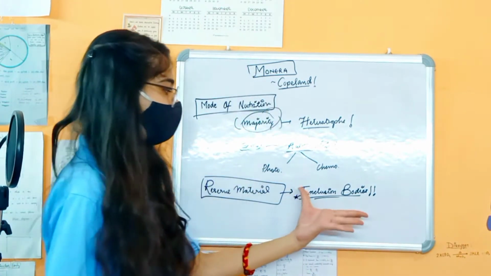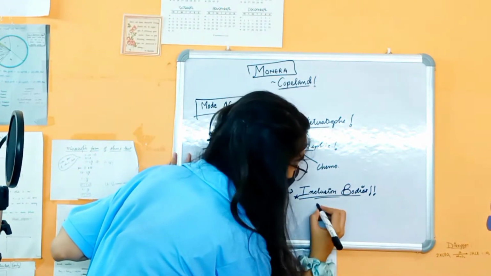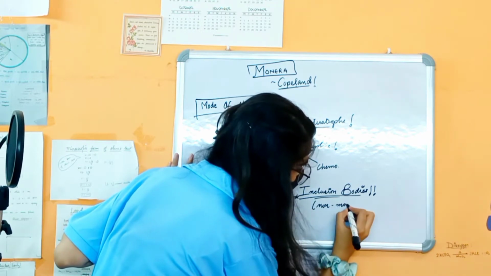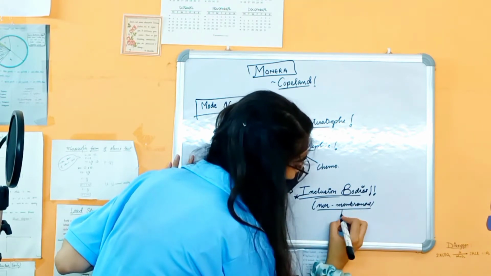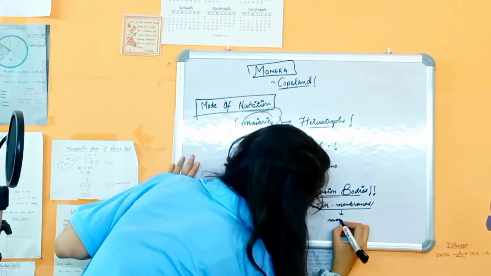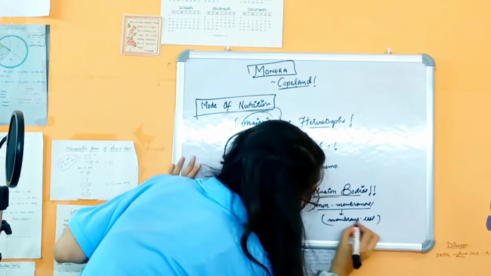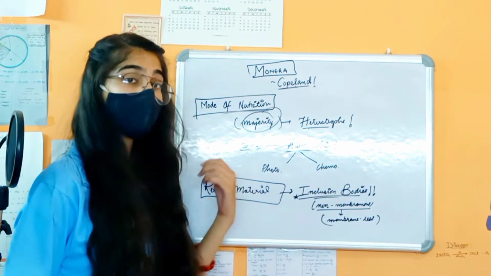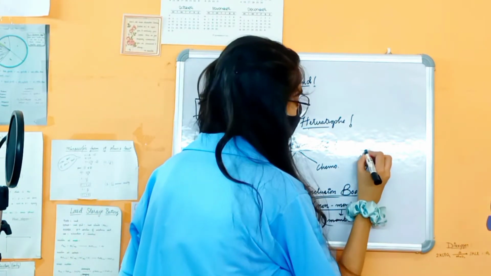And this was a PYQ of NEET, that these inclusion bodies are non-membranous, or most appropriately, the option was membraneless. So these inclusion bodies are membraneless. Reserve material of the bacteria, we can say storage granules also. These are also known as storage granules.